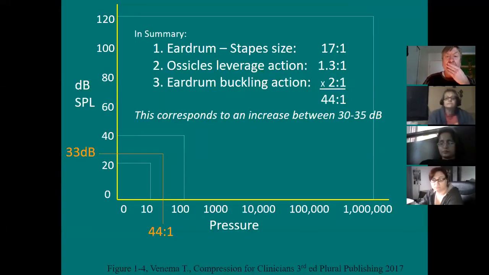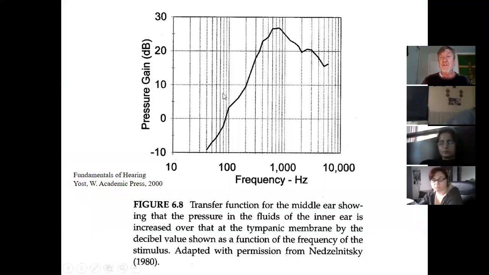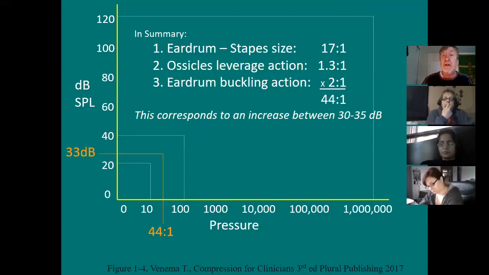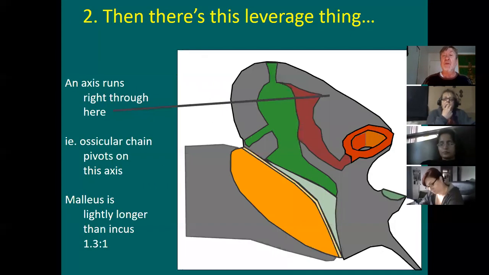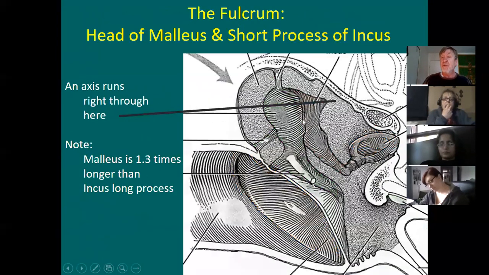Now, here are the resonances of your middle ear. And you can see around 1,000, 2,000 that there's a lot of resonance offered by the middle ear. In fact, the middle ear ossicles, the little bones of the middle ear, resonate with frequencies around 2,000 hertz.